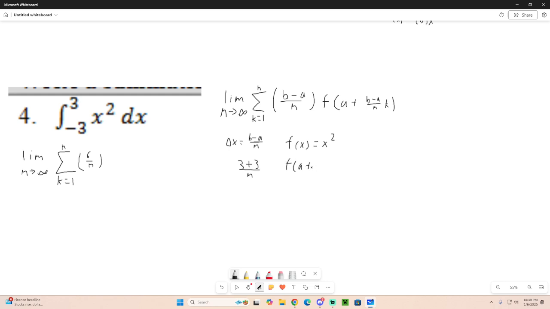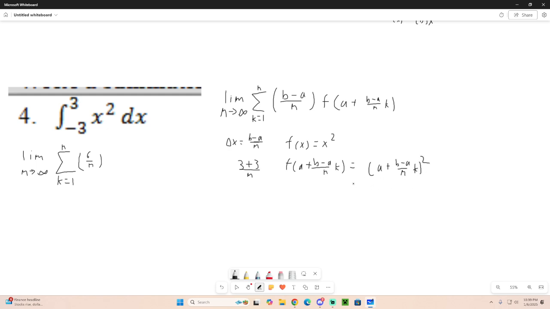So we know f of a plus b minus a over n times k, squared. That's equal to a plus b minus a over n times k, squared.